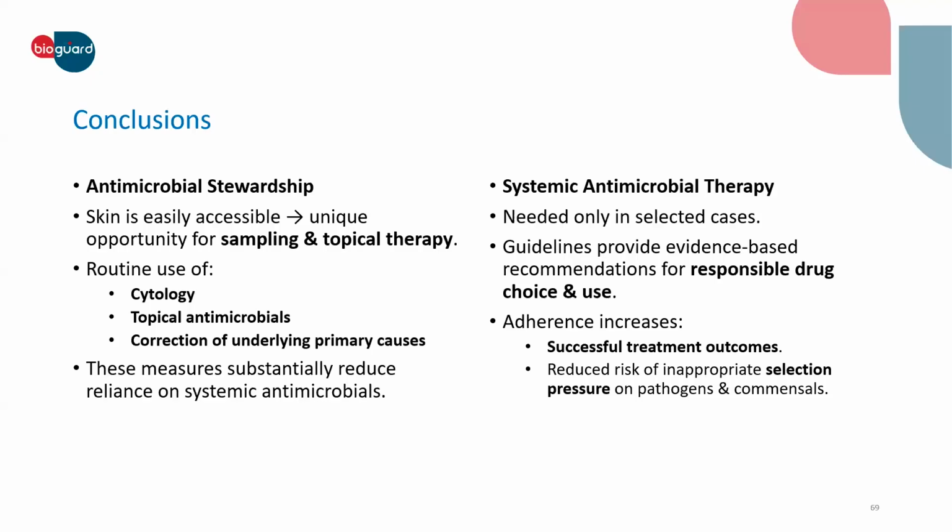And of course, this also depends on the area, because your area may have different regulations, and some antibiotics may not be available, or your area may have a high prevalence of MRSA.